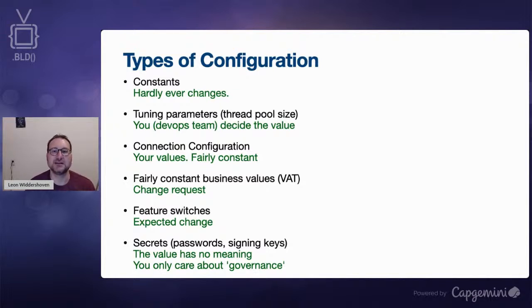It has to be secret. That's why it's called a secret. So the governance around it is completely different. From properties, you want to know when they are changed and when they are applied. From passwords, you want to know when they are accessed, when they are used. So the systems you would use for secrets are completely different than the systems you will use for other types of properties. So that is the types of configuration we have, and they have completely different characteristics.